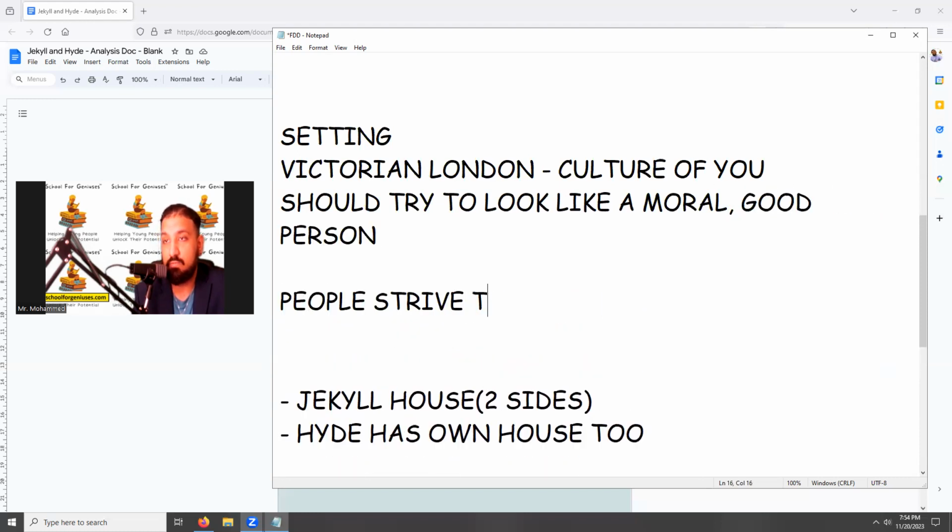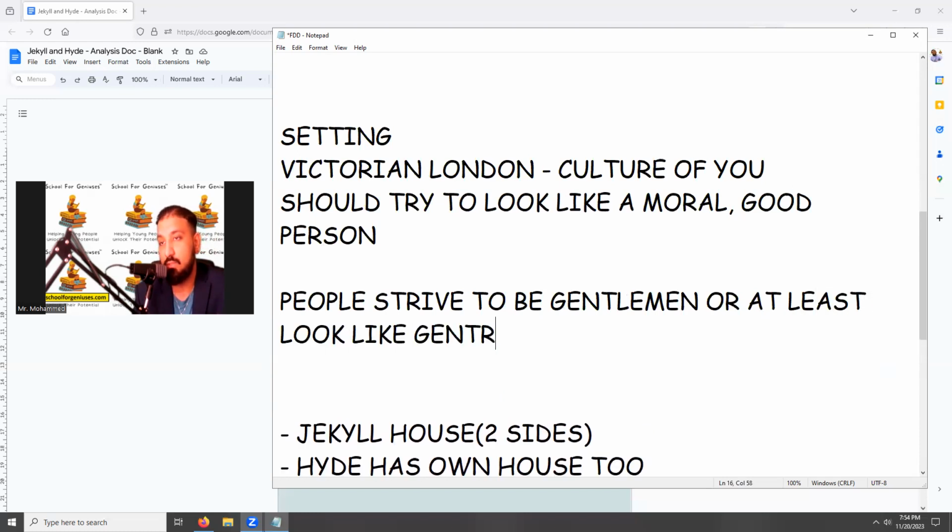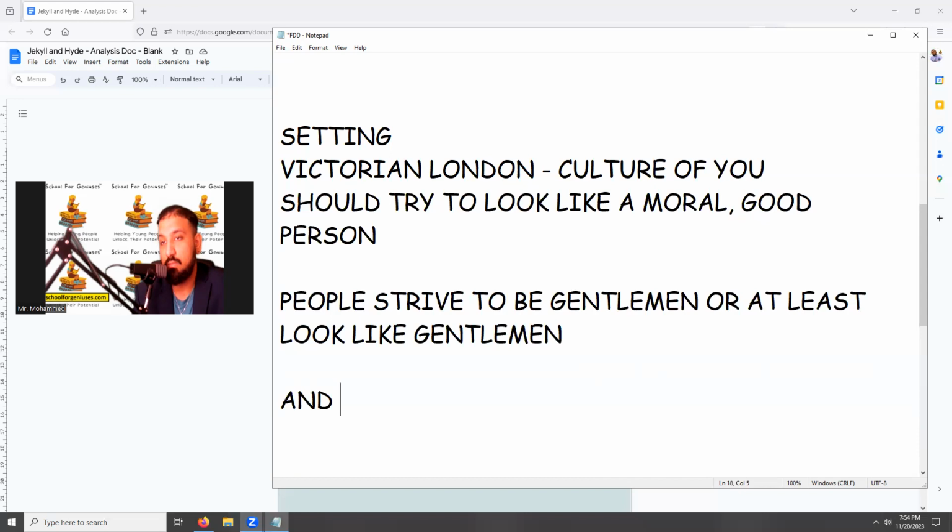People strive to be gentlemen, or at least look like gentlemen and ladies.